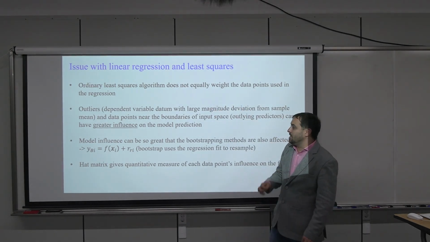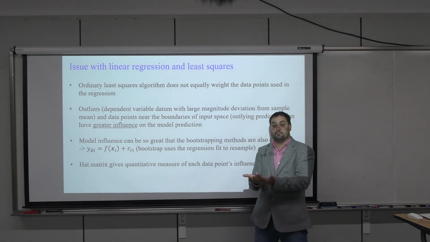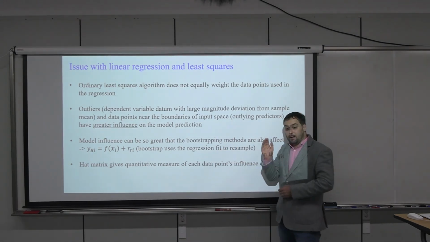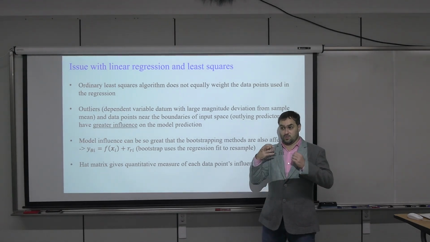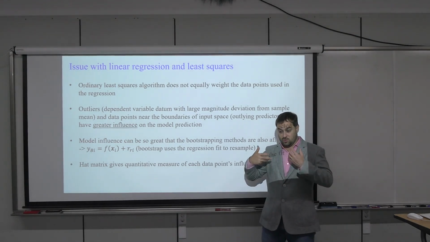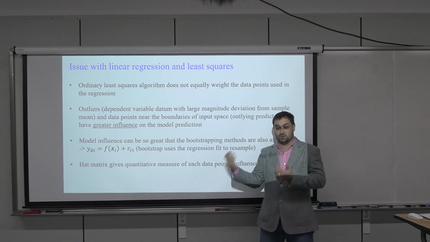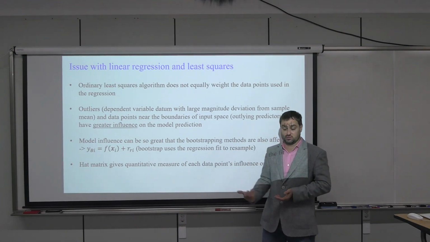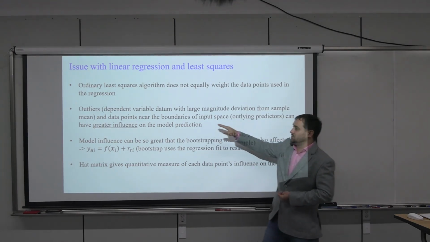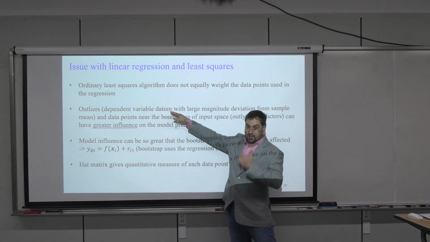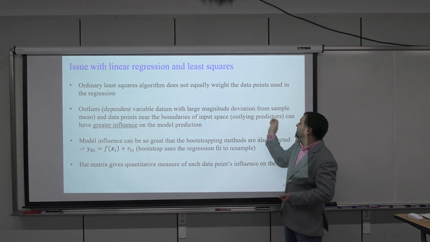The outliers tend to be those Y, but still your sample data will have a mean. And remember, the zeroth order model, the simplest model that you can try to fit, is Y equals beta naught, which will equal the sample mean if you use least squares regression. So the outlier is just a dependent variable datum, or a Y, with a large magnitude deviation from the sample mean.